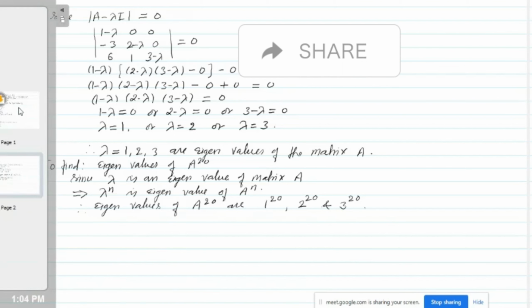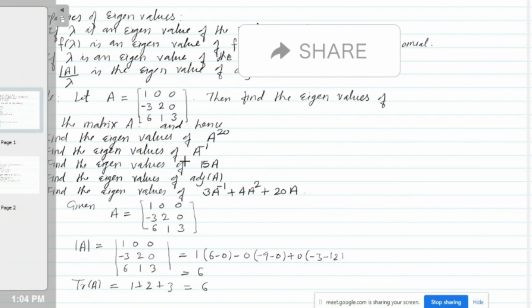Number two is to find the eigenvalue of A inverse.